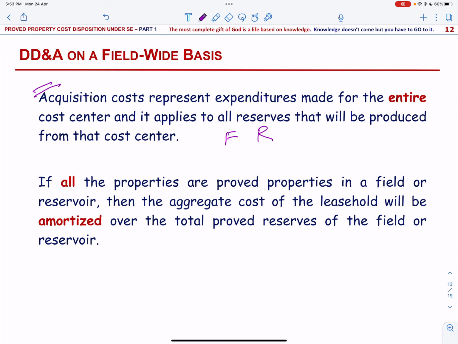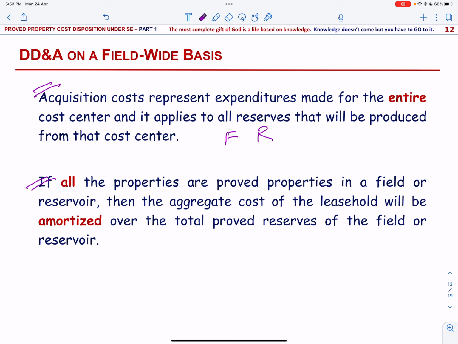So if a field or reservoir is used as a cost center, multiple leases or properties will be grouped together. If all the properties are proved properties in a field or reservoir, then the aggregate cost of the leasehold will be amortized over the total proved reserves of the field or reservoir.